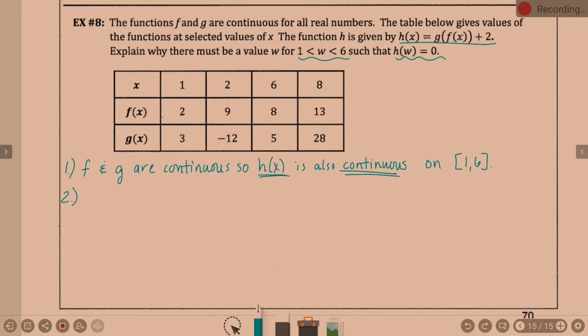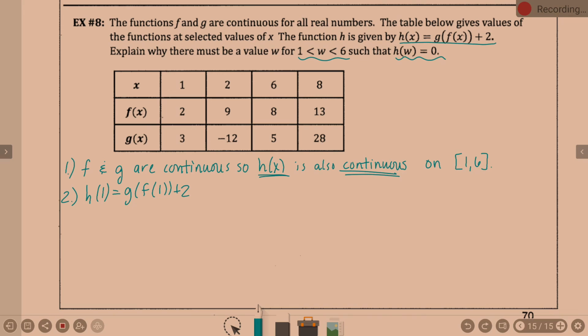Okay, so we got to do some math. How do we find h of 1? Plug in. It's g of f of x plus 2, so we're doing g of f of 1 plus 2. Start on the inside.